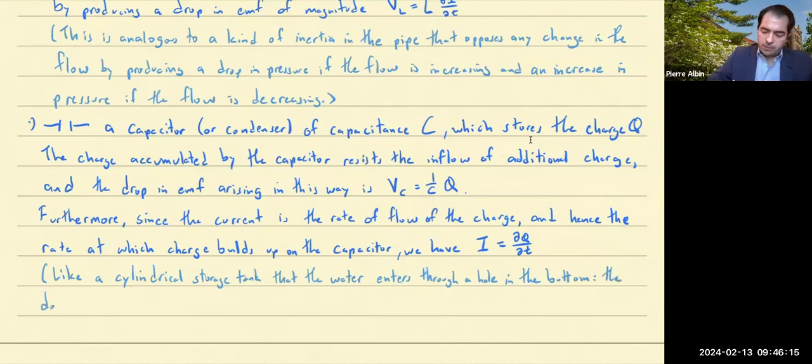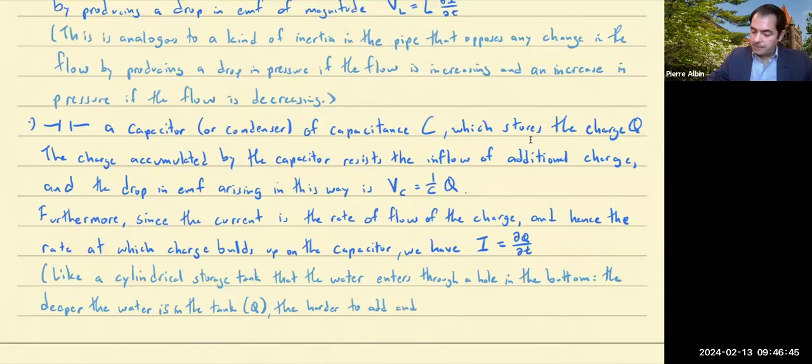So the deeper the water is in the tank, which you should think of as Q, then the harder it is to pump more water in.